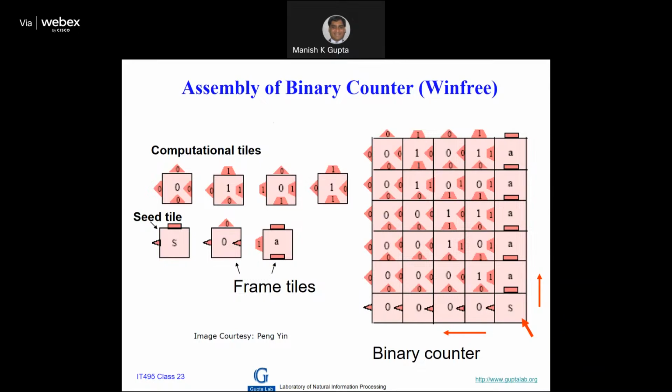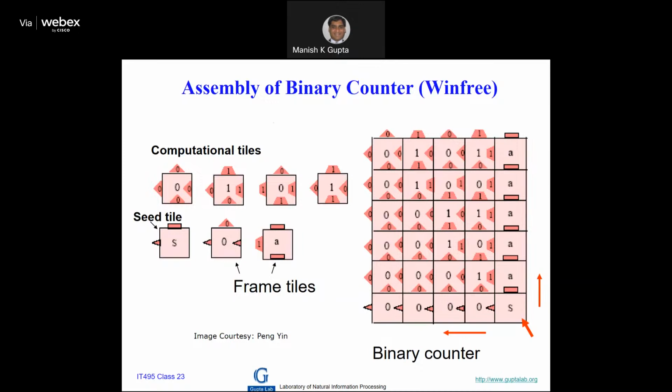Now you see, in order to build this pattern, these 4 tiles are known as computational tiles. I also require 3 additional tiles: one is the seed tile and 2 are known as frame tiles, because you require a certain frame to actually hold the whole pattern, right? So the seed tile, this is S here, and then there are 2 frame tiles, vertical and horizontal.